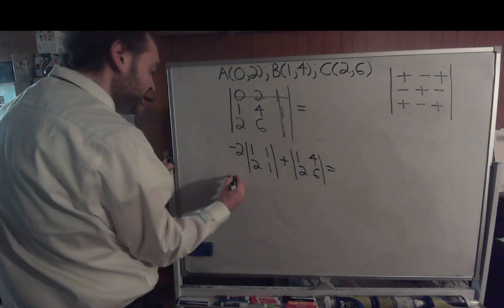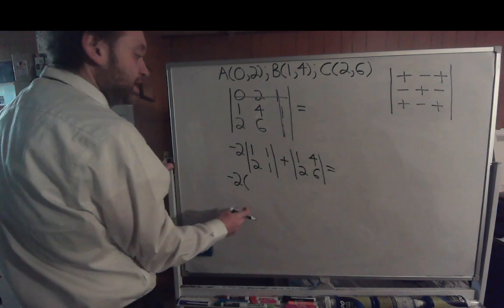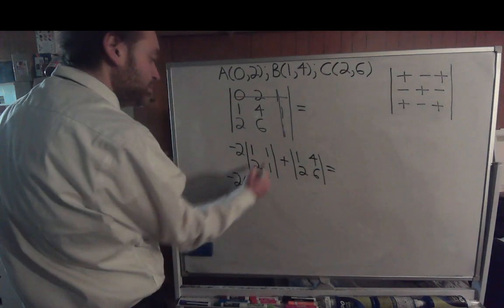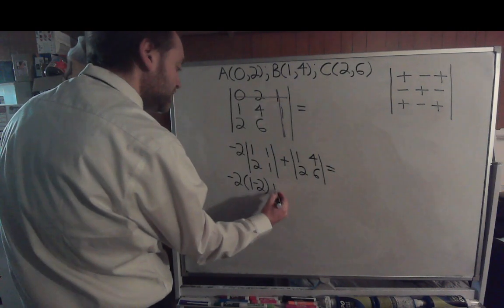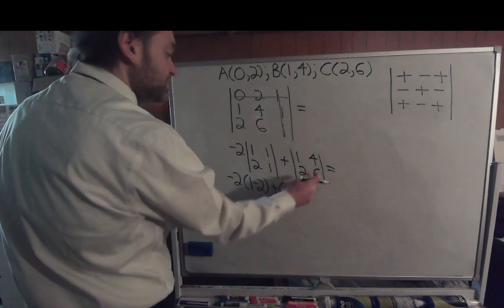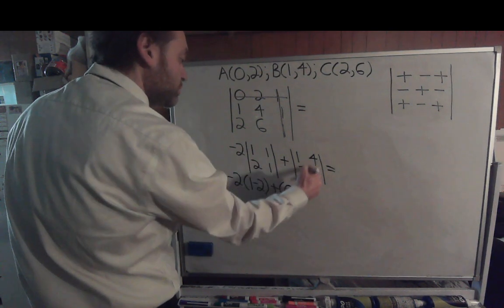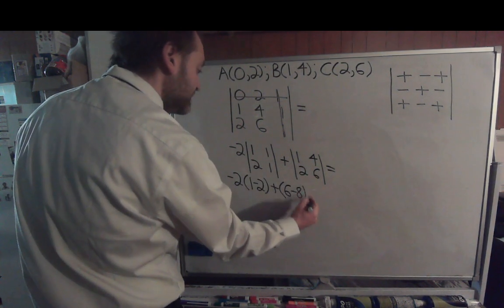So, of course, negative 2 times, okay, 1 times 1 is 1, minus 1 times 2, that'd be minus 2, plus, all right, 1 times 6 is 6, minus 4 times 2, that'd be minus 8.